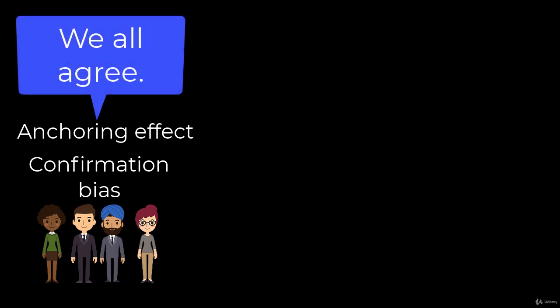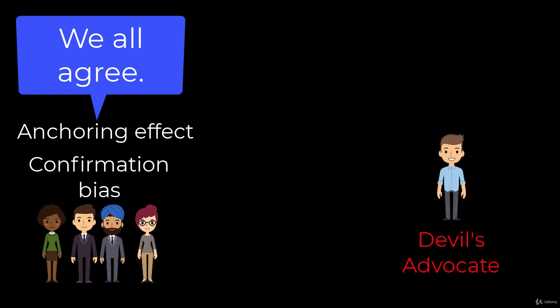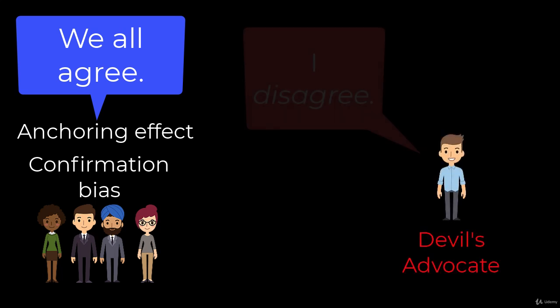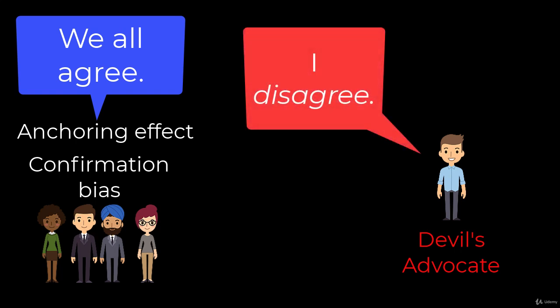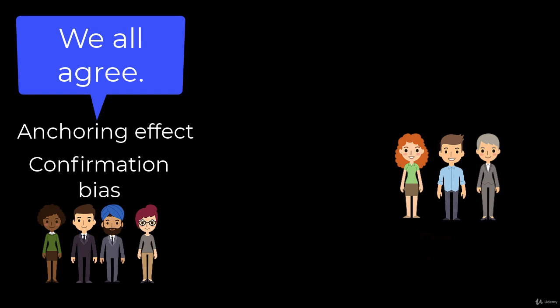So one technique that organisations employ to combat these 2 biases in particular is to introduce a devil's advocate, someone who takes the alternative point of view and who forces the team to take that alternative seriously. In some organisations, a team is assigned to this task called the red team.